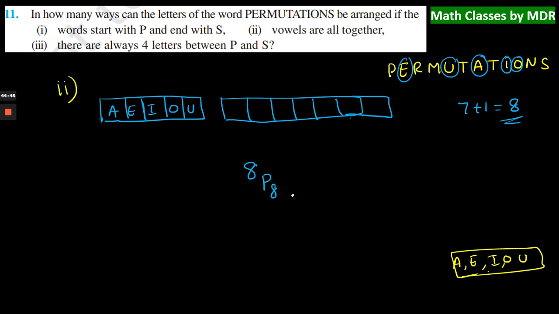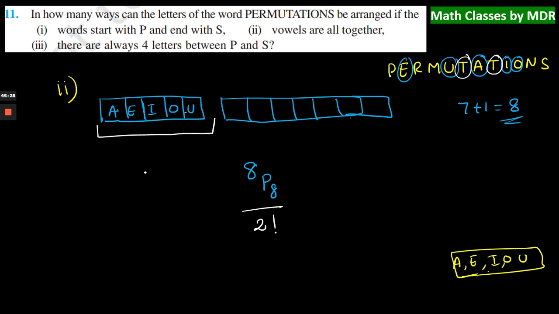8P8, and you can look at any repetitions. What are the repetitions we have here? T is repeated twice, so we divide by 2 factorial. So 8P8 by 2 factorial is the total number of ways we can arrange them. But if you look here, this comes as a single letter, right? But we can rearrange this EAIOU. Instead of EAIOU, I can write IOUAE, or I can write UEIOA. So we can form different arrangements here.